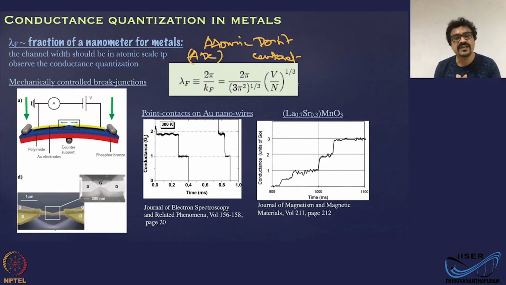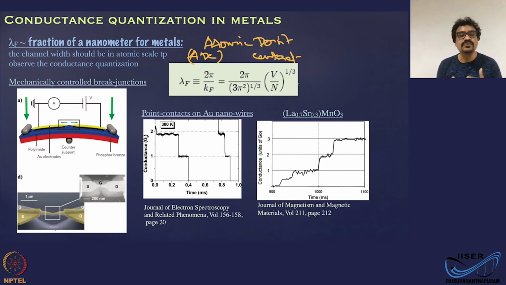For metals, that means these should be of the order of interatomic spacing. So you cannot see this quantization of transport in metals at a similar size scale as that of the semiconductor. You need to go to an atomic point contact, because the constriction should be of the dimension of the lattice constant.